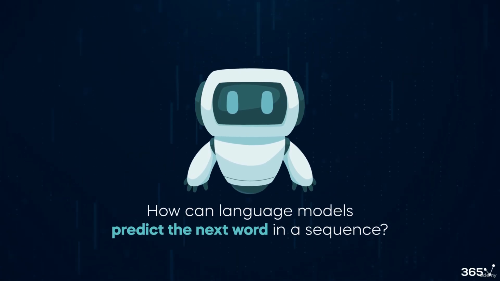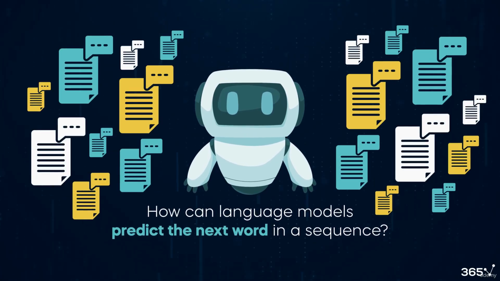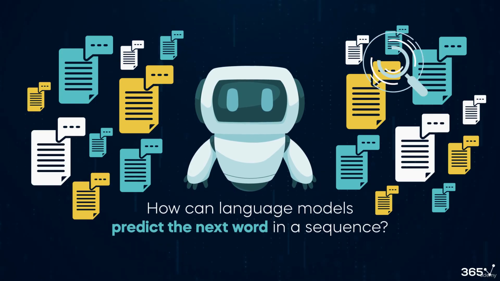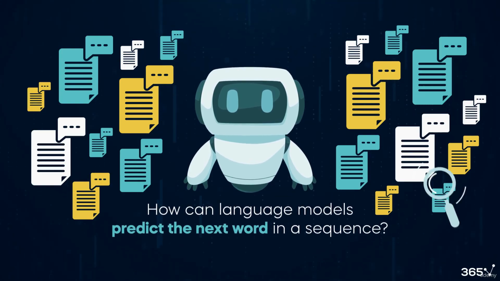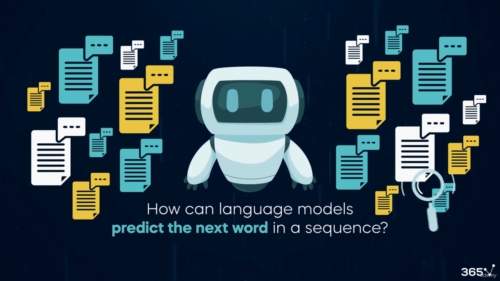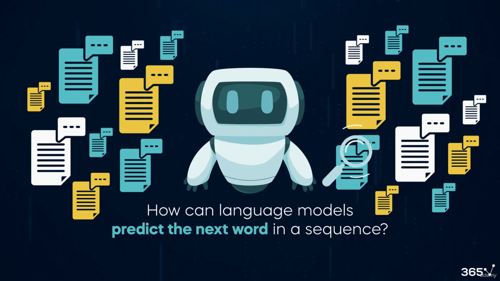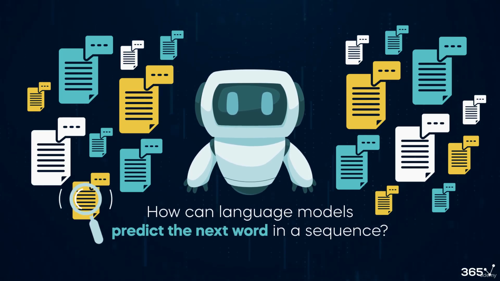This is rooted in statistical learning from vast amounts of data. A language model gains the ability to work with language by analyzing and learning from the patterns and structures found in the input text it processes.